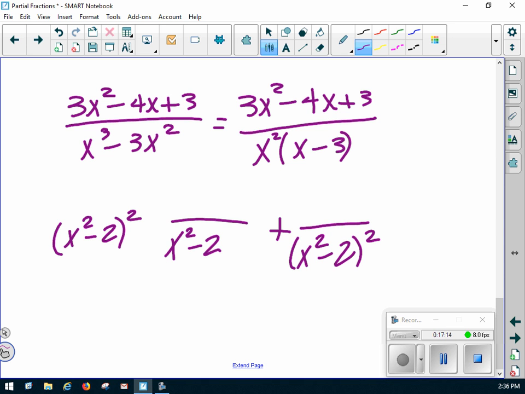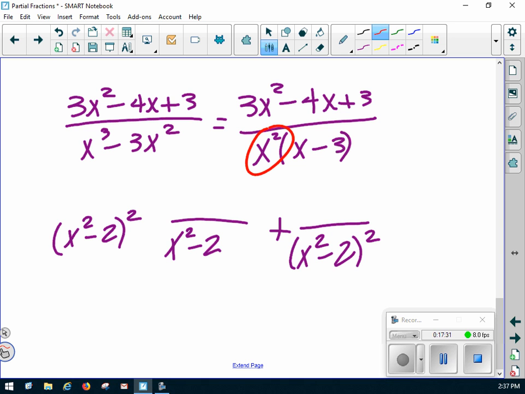We're going to have to do exactly the same thing with this. I need you to think of it as x minus 0 or x plus 0. So it would be x and then x squared and then x minus 3.